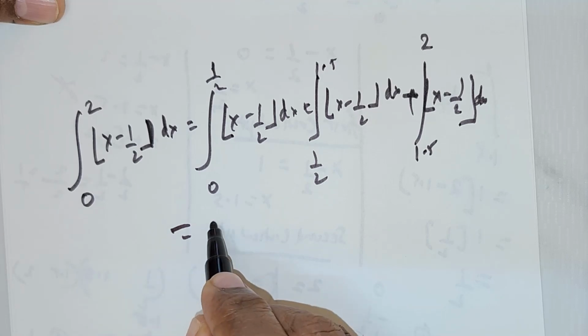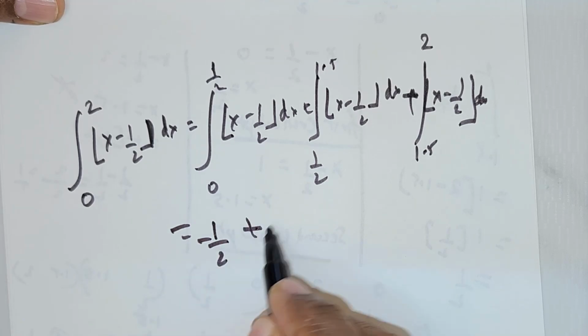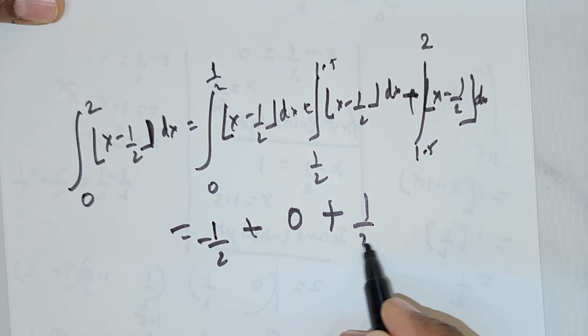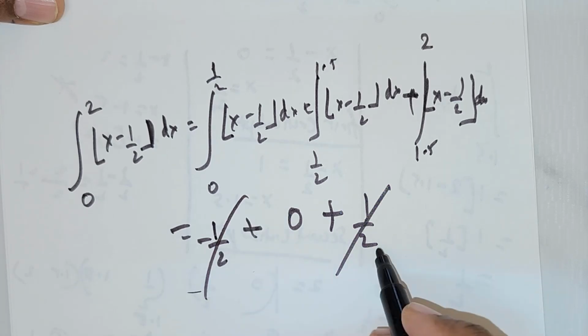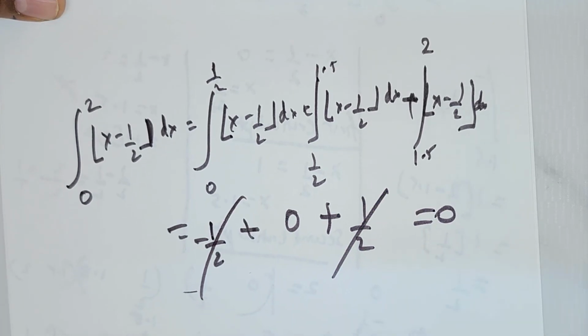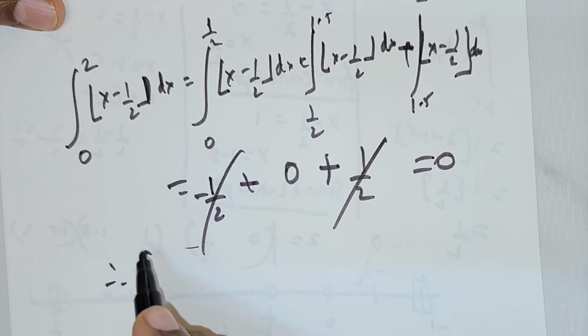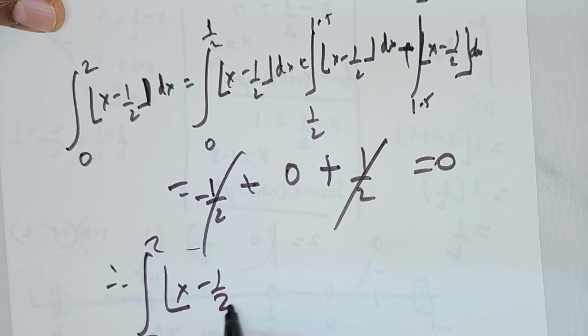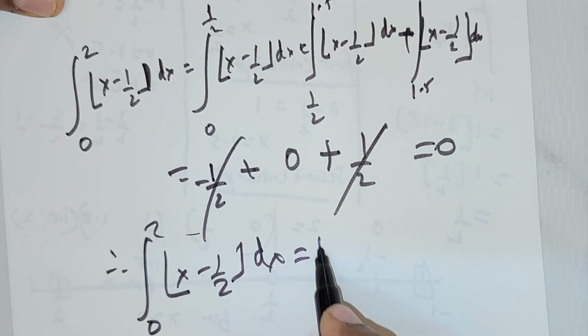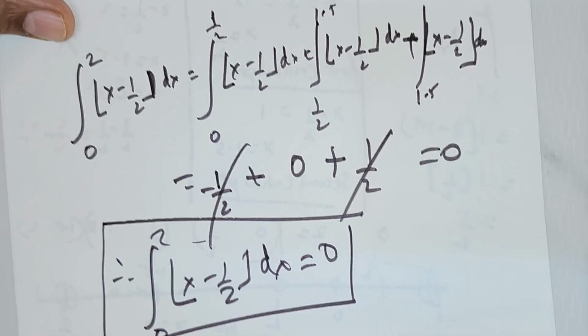This produced negative 1 over 2, this gave me 0, this produced 1 over 2. So negative 1 over 2 and positive 1 over 2 cancel, giving me 0. Therefore the integral from 0 to 2 of the floor of x minus 1 over 2 dx is equal to 0. So that's the solution for this question.